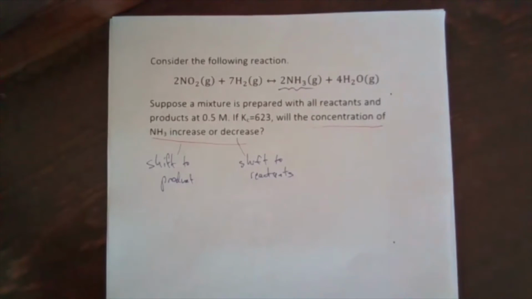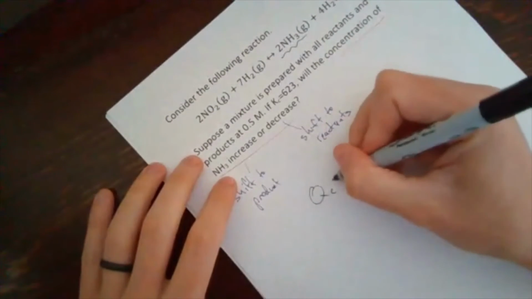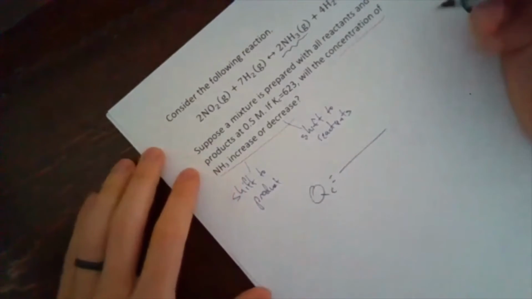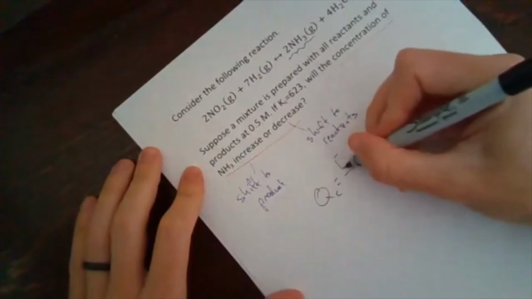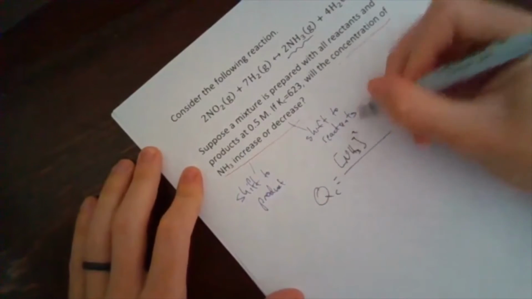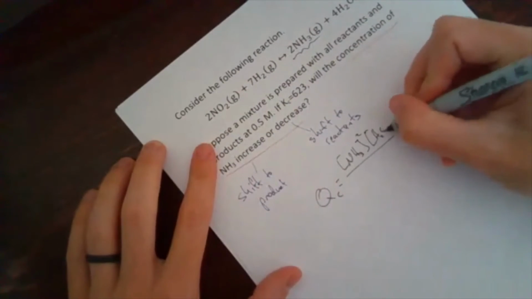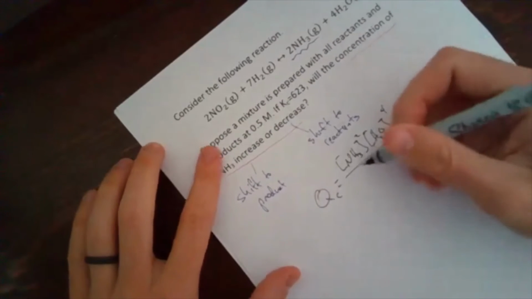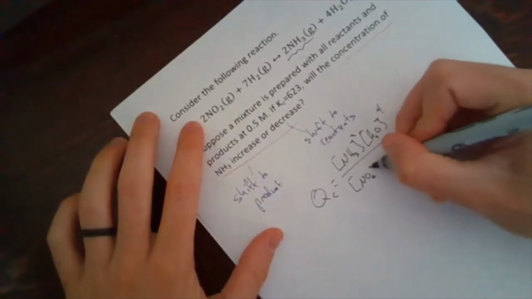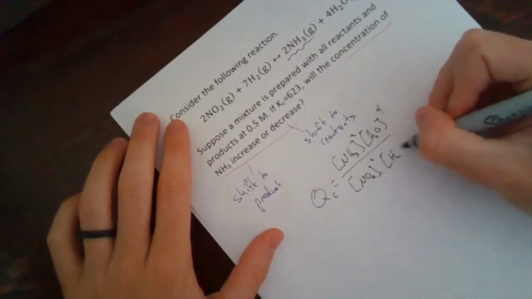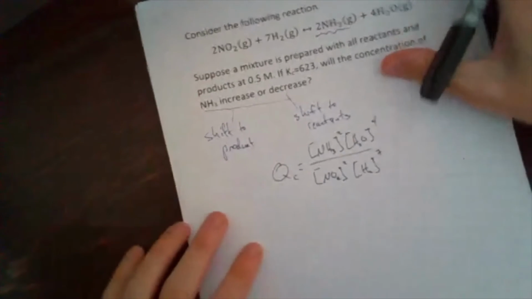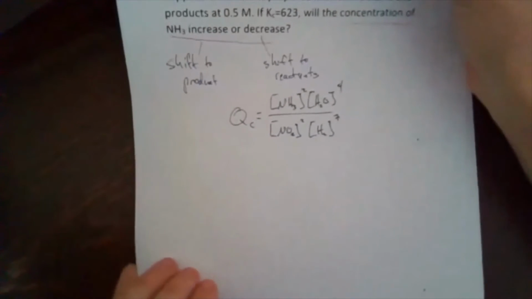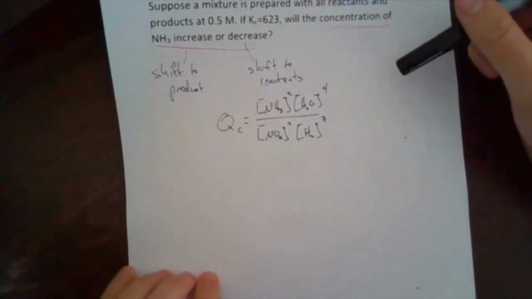In order to figure out what's going to happen, we can compute this QC. We know that the functional form is identical to KC, where we put products like NH3 squared, H2O to the fourth power. You'll note everything is a gas, so everything shows up. The H2 is to the seventh power.